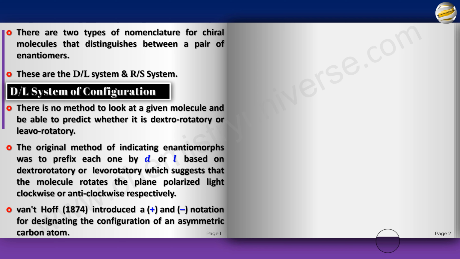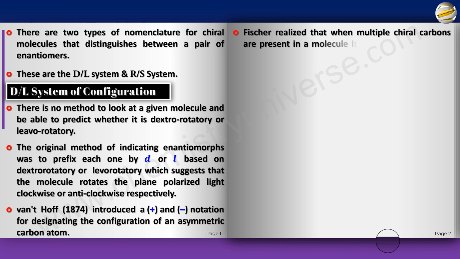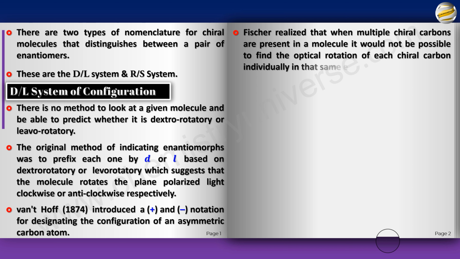Now Fischer realized that when multiple chiral carbons are present in a molecule, it would not be possible to find the optical rotation of each chiral carbon individually in that same environment. So what Fischer figured was that if there is one chiral carbon, one can say, okay, if this chiral carbon rotates clockwise, then its mirror image is going to rotate anti-clockwise.